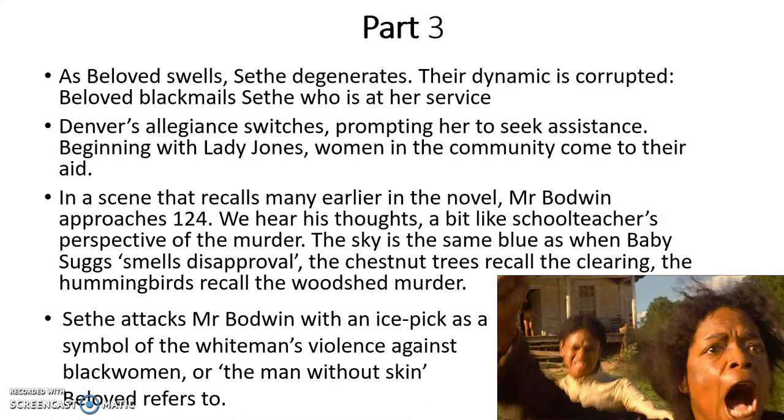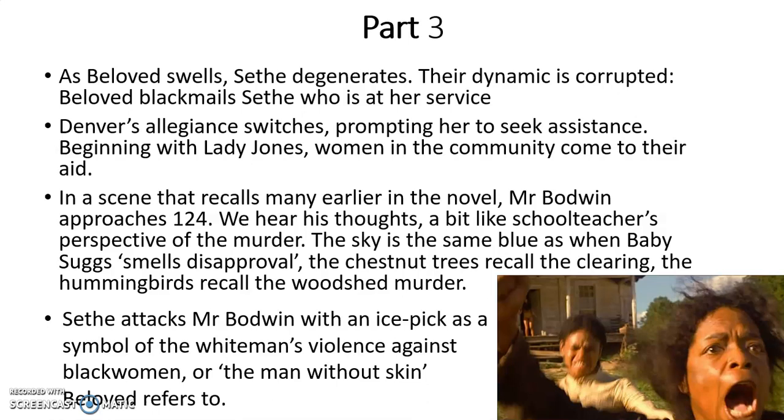And because the present seems to be replaying the past, Sethe attacks Mr. Bodwin with an ice pick as a symbol of the white man's violence against black women, or the man without skin, as Beloved refers to him. So basically, Sethe almost makes the same mistake again, if you will. She almost replays history and attacks who she sees as somebody infringing and trespassing on their territory.